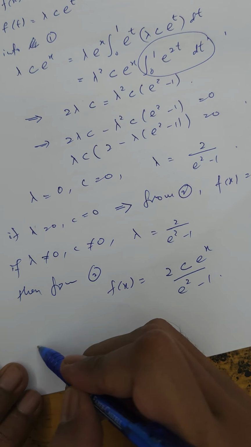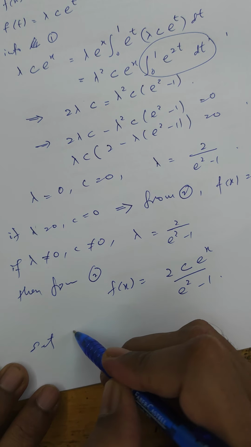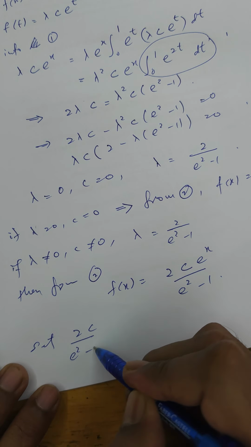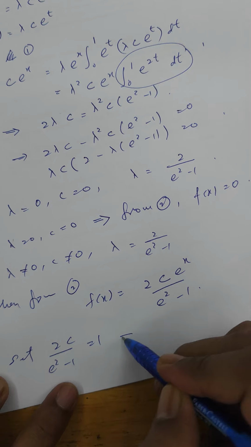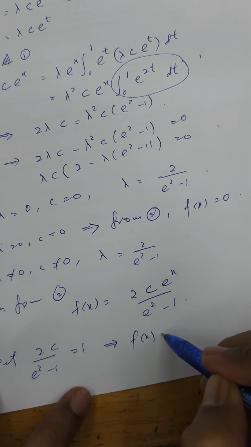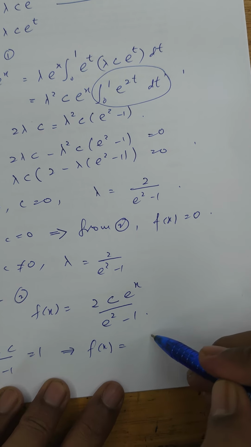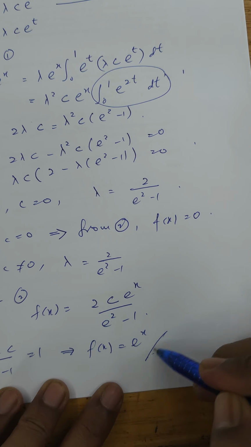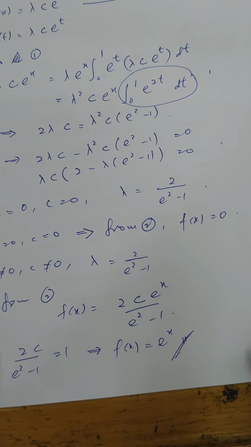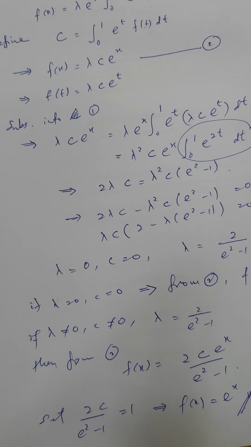Then of course we can set 2c over e squared minus 1 equal to 1. That gives you the solution of this homogeneous Fredholm integral equation as f(x) equal to e^x. Alright, that's the first example.